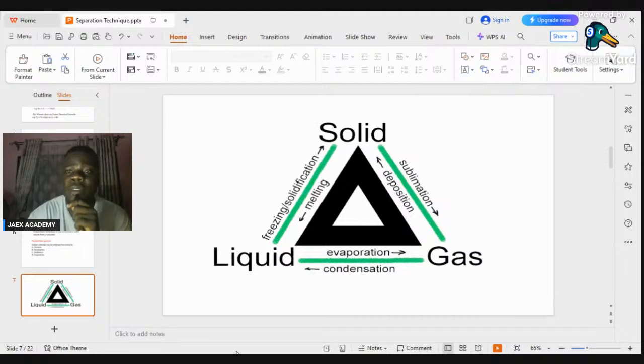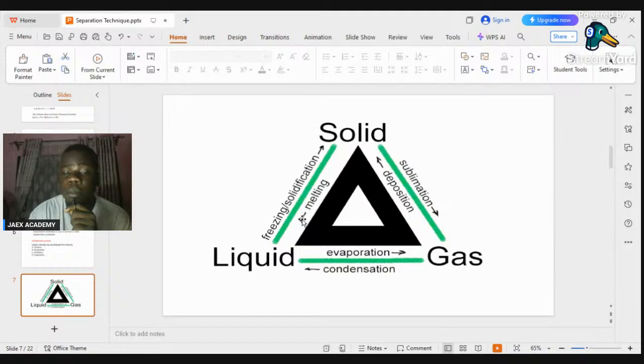Now, whenever a liquid is turning into a solid, it is known as freezing or solidification. When solid is turning to liquid, it is known as melting.